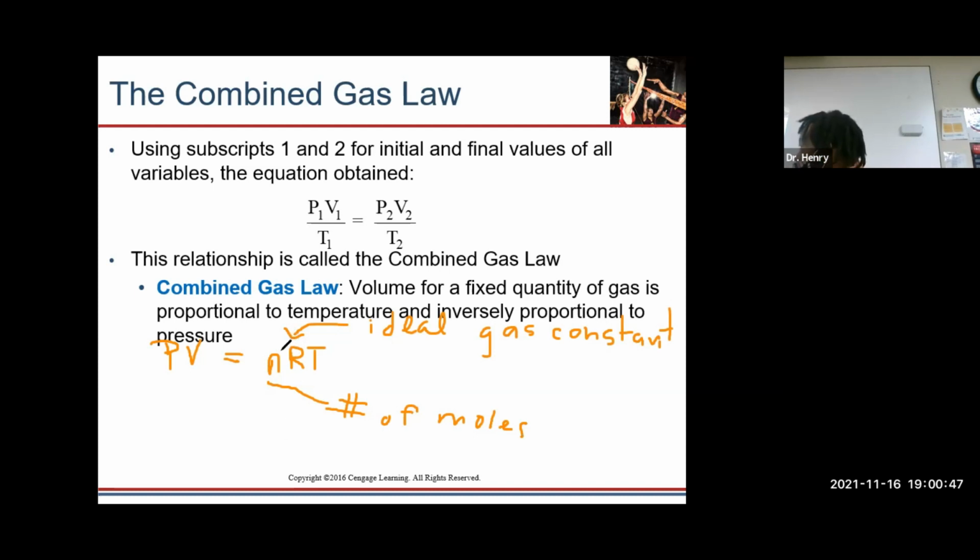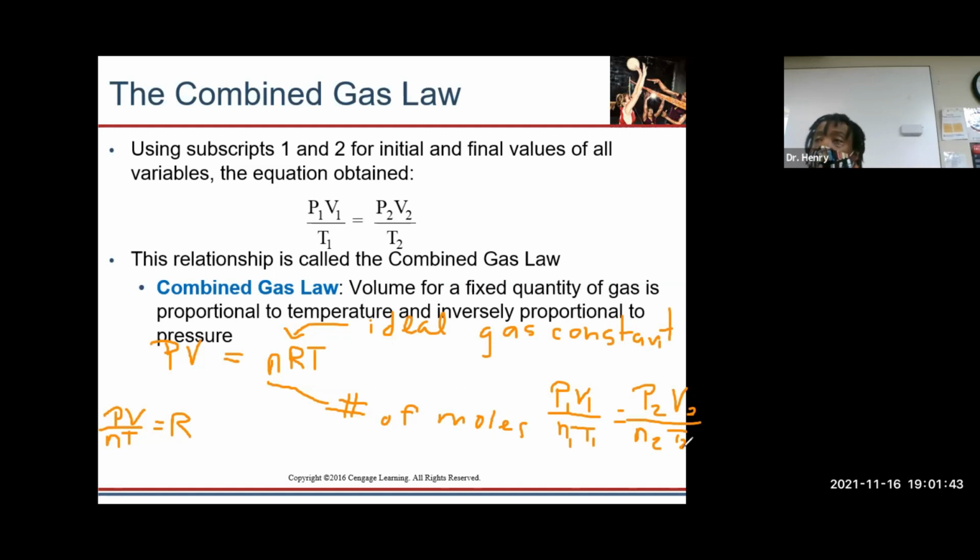So if we set this equal to R, we get PV over nT equals R. So then I can get an equation that is P1 V1 over n1 T1 equals P2 V2 over n2 T2.